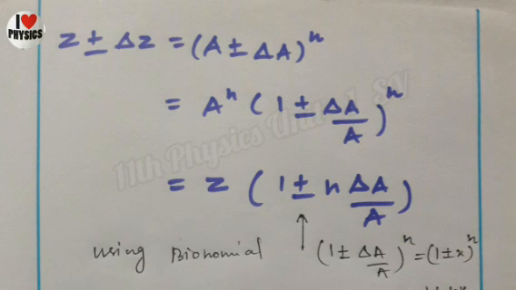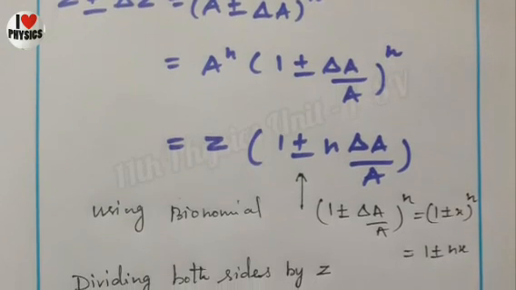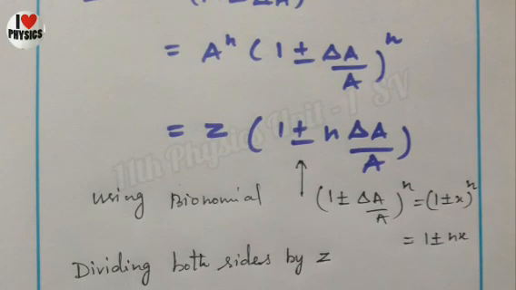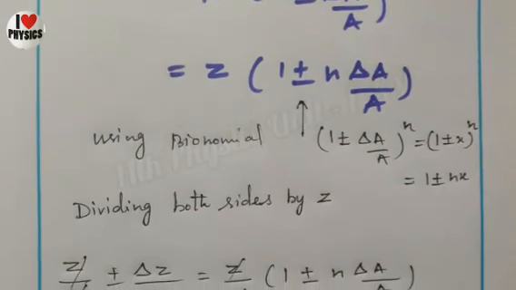So equal to a power of n open bracket 1 plus or minus del a divided by a closed bracket whole power of n. Then equal to z times 1 plus or minus n del a divided by a. This is using the binomial method, that means 1 plus x power of n is equal to 1 plus nx formula.